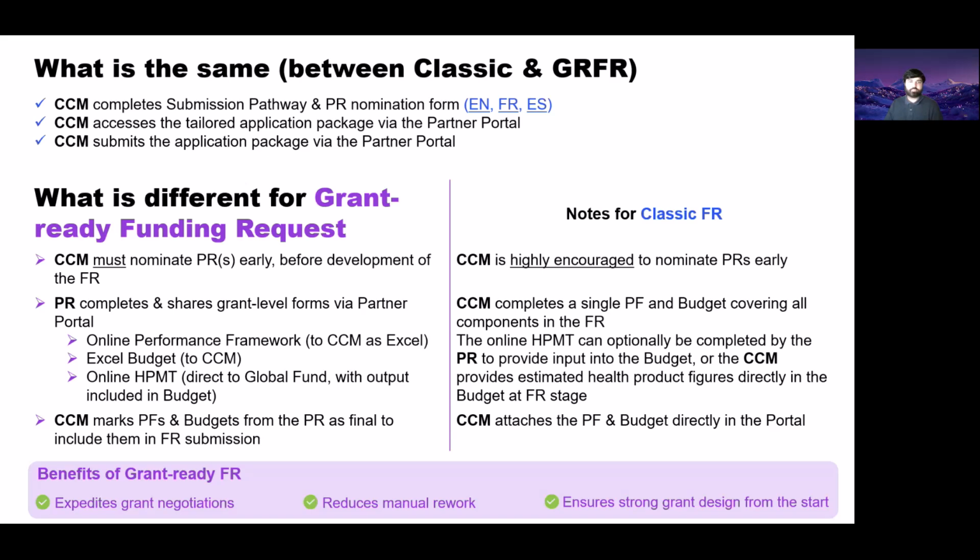When you evaluate which options would be most applicable and beneficial, if you're considering the grant-ready funding request, we'd like to flag that it does expedite the grant negotiation, it reduces the manual rework, and also ensures that the grant design is strong from the start of the process.